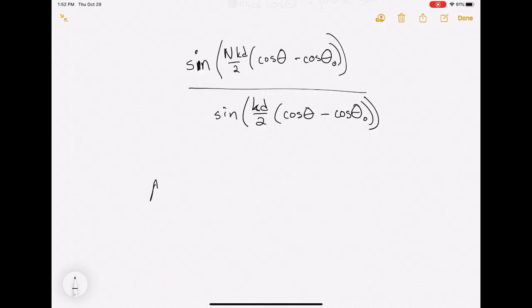In general, we can say that the array factor of any array is usually a function of the following form. It's always got a constant multiplied by a direction cosine. So this is a direction cosine, so it might not be cosine theta anymore. It might be the direction cosine for x or the direction cosine for y also.